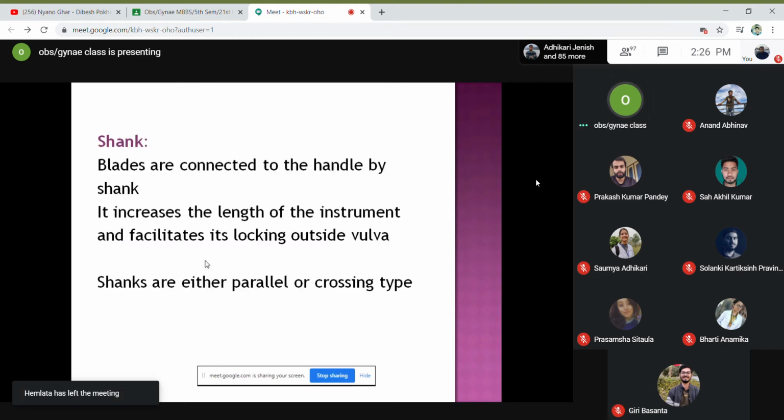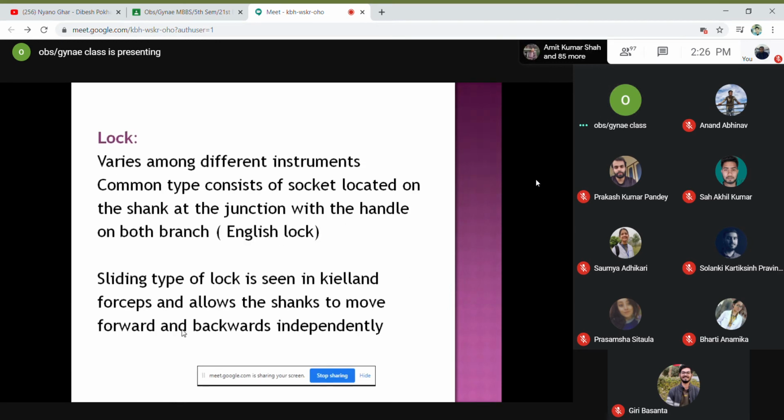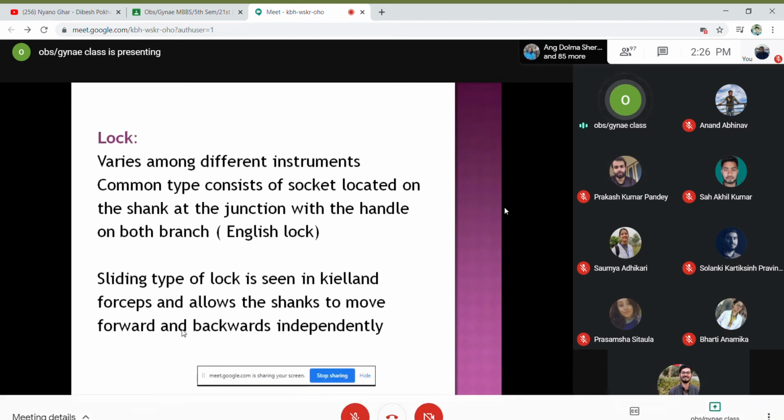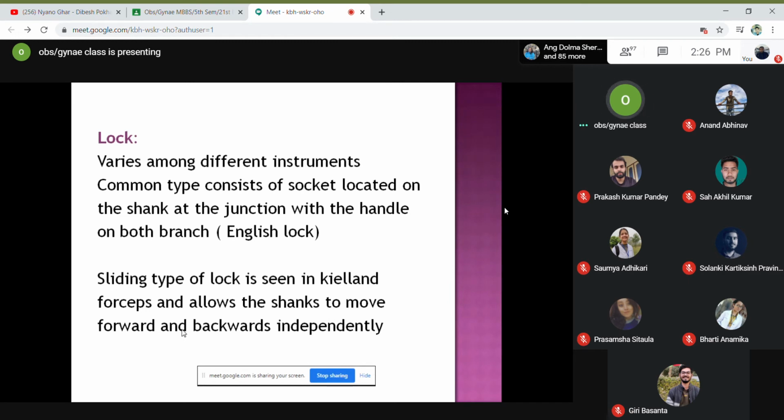Shank: the blades are connected with the handle by the shank. It increases the length of the instrument and facilitates its locking outside the vulva. Shanks are either parallel or of the crossing type. Lock varies among different instruments. The common type consists of a socket located on the shank at the junction with the handle on both branches. The sliding type of lock is seen in Killian forceps and allows the shank to move forward and backward independently.